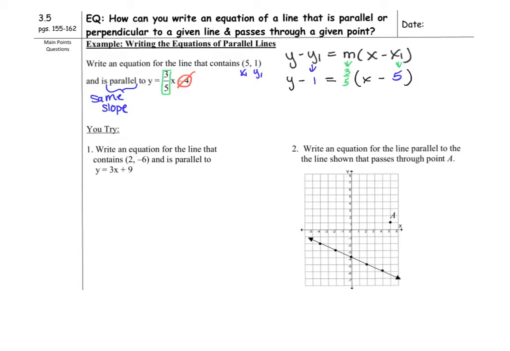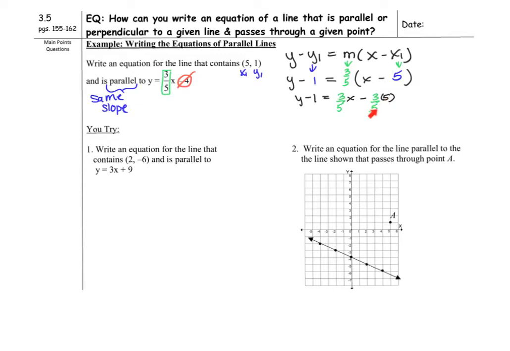Now we're going to simplify that. On the left-hand side, I just have y - 1. On the right-hand side, I'm going to distribute the 3/5 times the x and the 3/5 times the negative 5. So we'll have 3/5 times the x minus 3/5 times the 5.